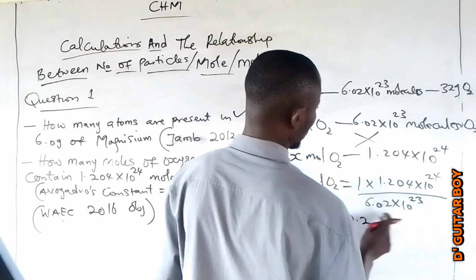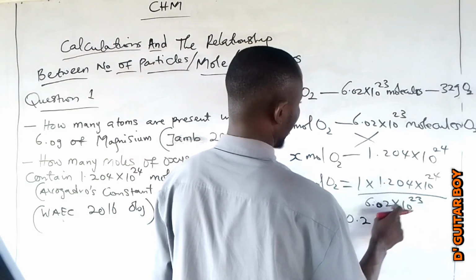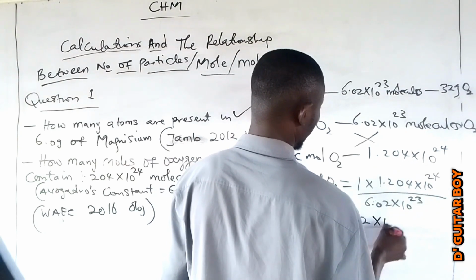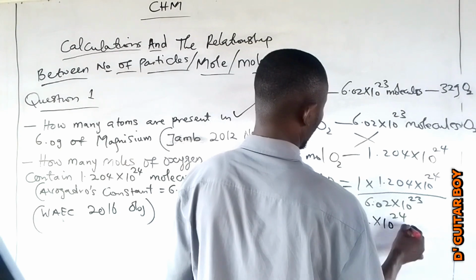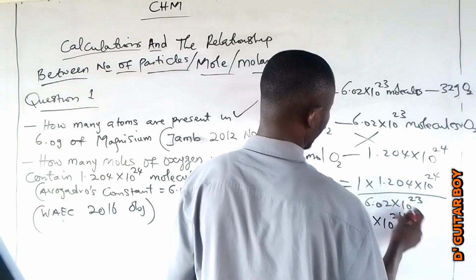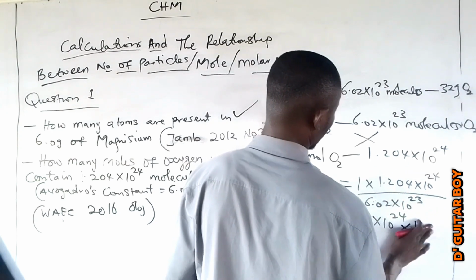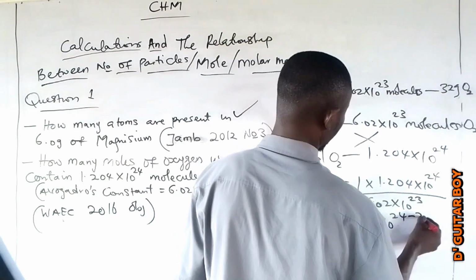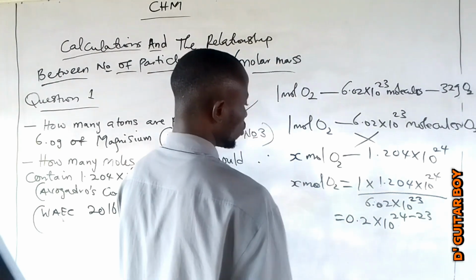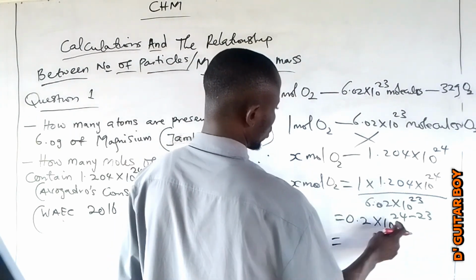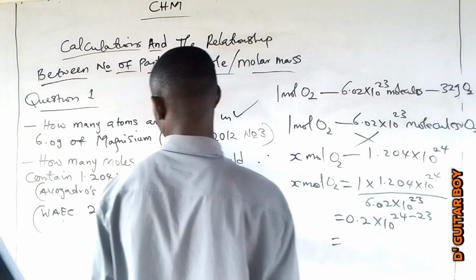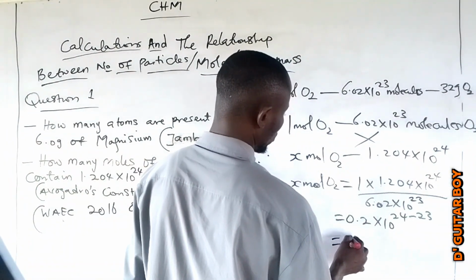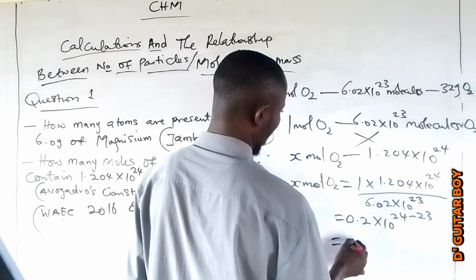So you have already divided this by this. Then this one, you move up to be times 10 raised to power 24. Once this one moves up, the power is no longer minus, so it becomes 24 minus 23, which gives you 1.